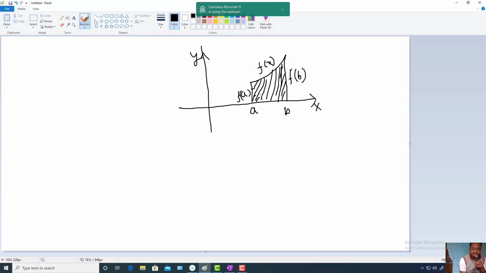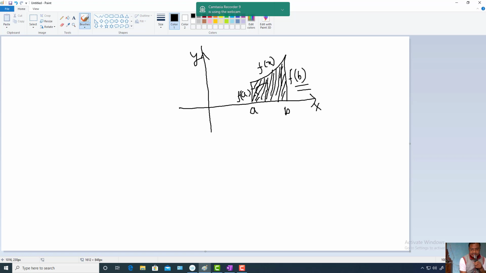From our elementary calculus, class 11 and 12 level, what is the area of this region? It is the area bounded by the curve, the x-axis, and the ordinates at a and b. Bounded by the ordinate at a, the ordinate at b, the x-axis, and this curve, you have a region in the xy plane.